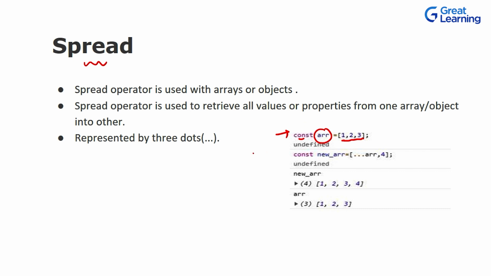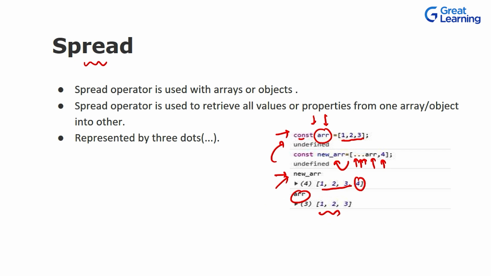Now with the help of the spread operator, that means these three dots, then arr, you are using this array and adding one more element to it, and storing this inside a new array. So inside your new array, you are fetching these three values from the earlier array and then adding one more to it. This is present in your new array, and your earlier array, that is arr, is unchanged.